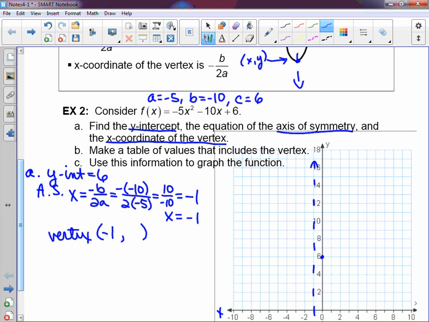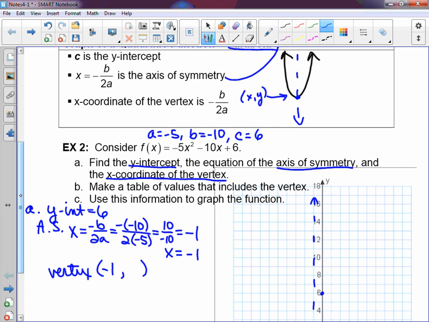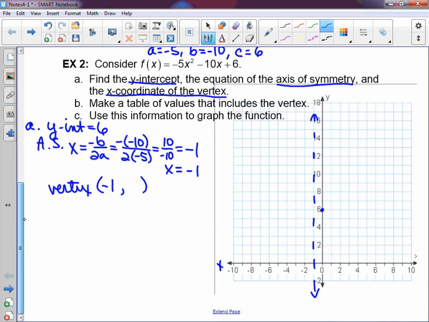The x-coordinate of the vertex is -b/2a, which we just found. Will it always be the same? It will always be the same, because the vertex will always lie on the axis of symmetry. So whatever the axis of symmetry is, that's going to be your x for the vertex. Kind of like when we were graphing the absolute value functions, we found out where that vertex was.